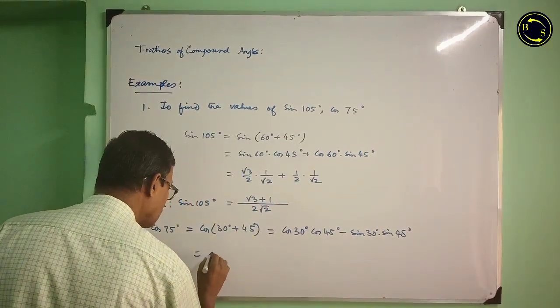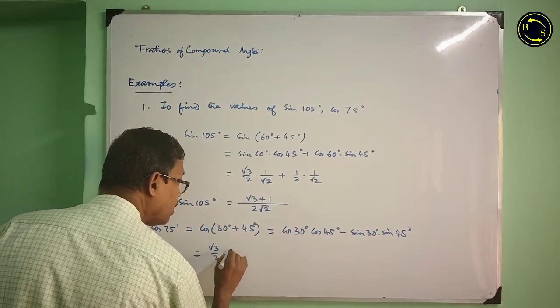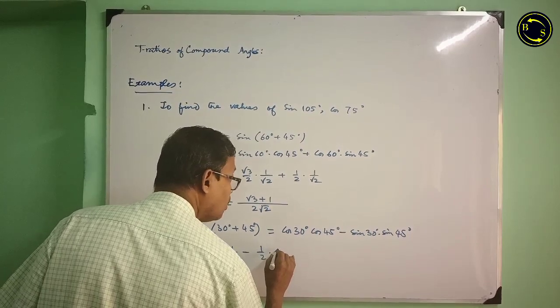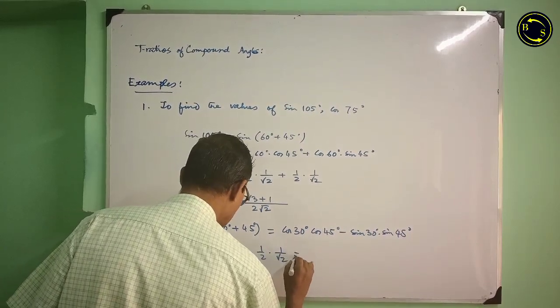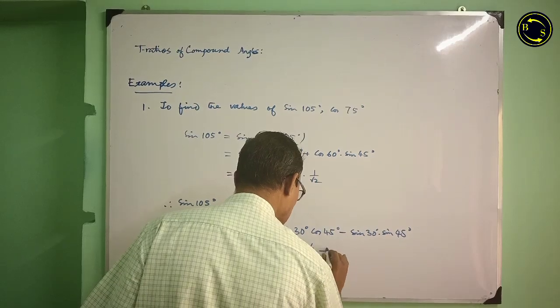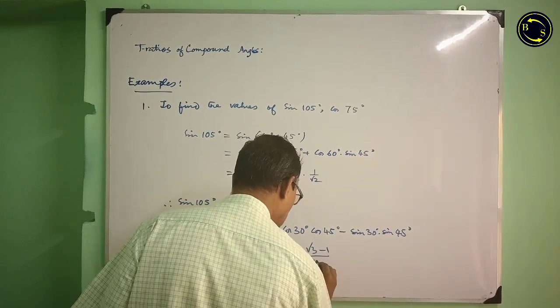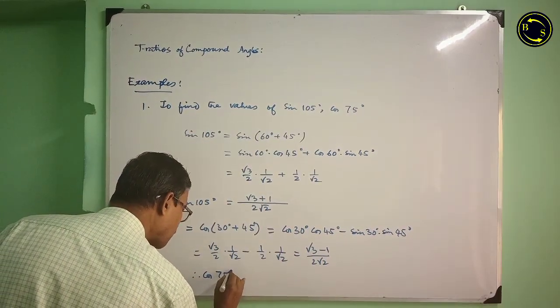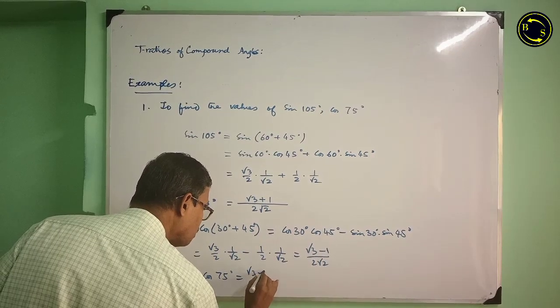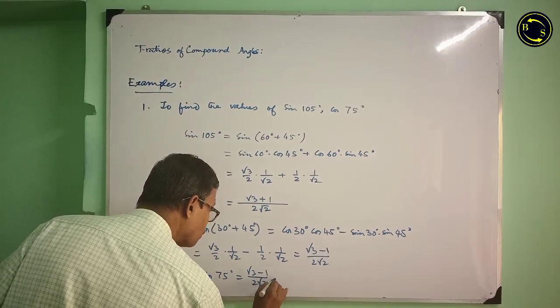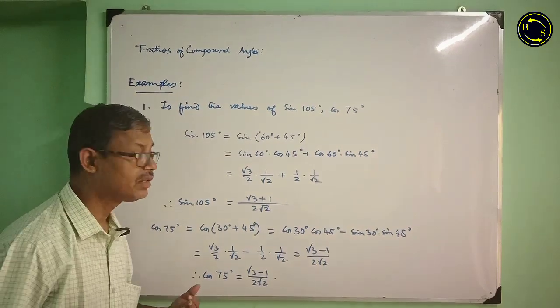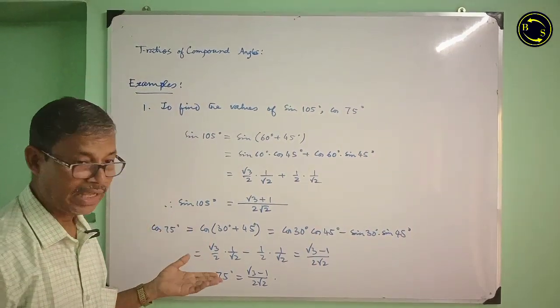Putting the values root 3 by 2 into 1 by root 2 minus half 1 by root 2, that means root 3 minus 1 by 2 root 2. Therefore cos of 75 degree equal to root 3 minus 1 by 2 root 2. Thus we have applied the concept of trigonometrical ratio of compound angles.